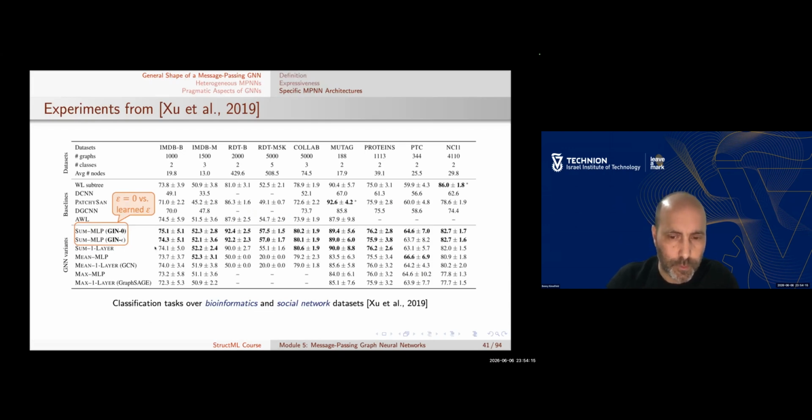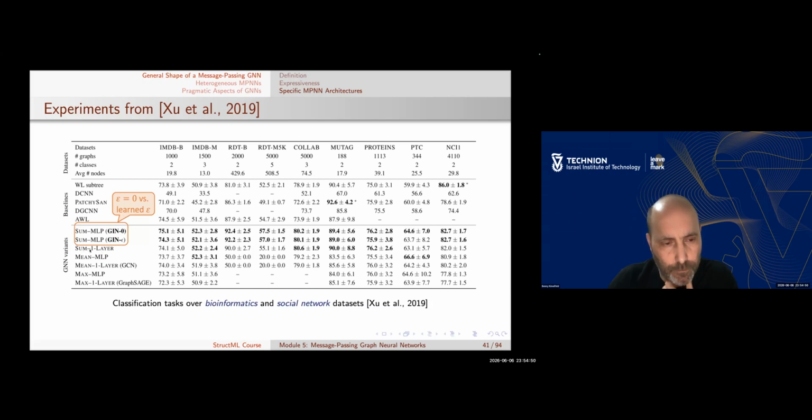Here they run experiments on bioinformatics and social network datasets, and you can see that, first, they try out their functions with several aggregation functions, the usual ones: sum, mean, average, and max. Max is a pointwise max. Now, several interesting things.